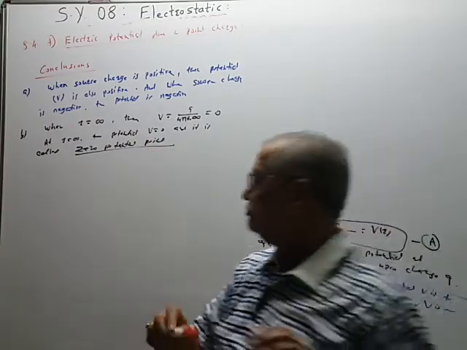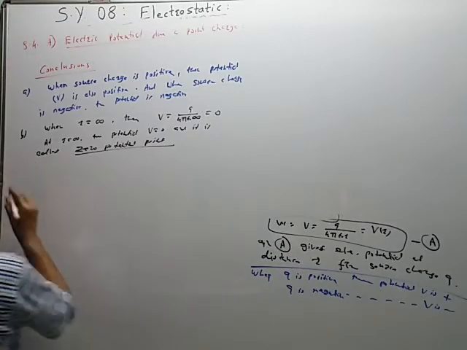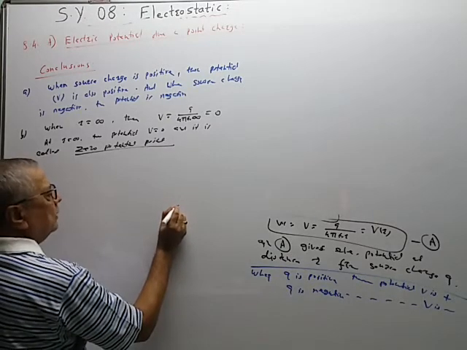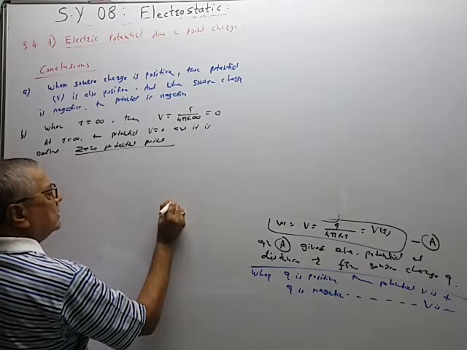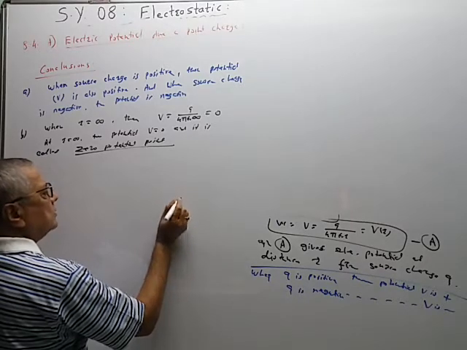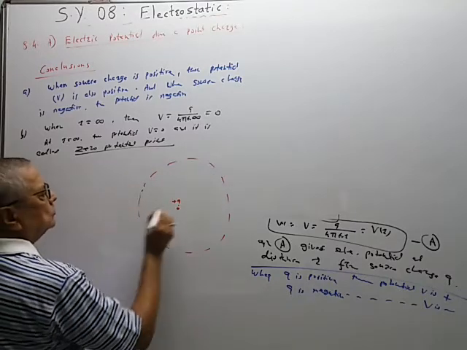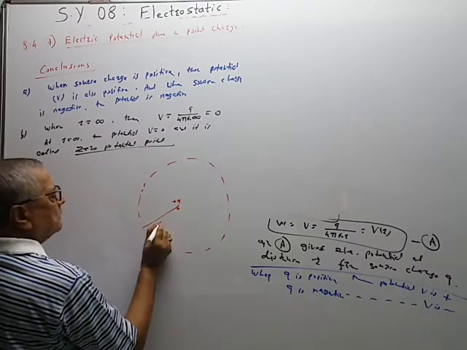Then the next property gives the concept of the equipotential surface. If at the center of the sphere, say plus q charge is kept stationary, this is a sphere, so this distance is r.